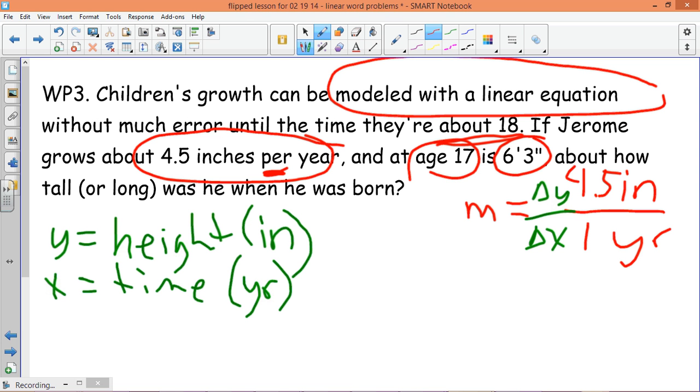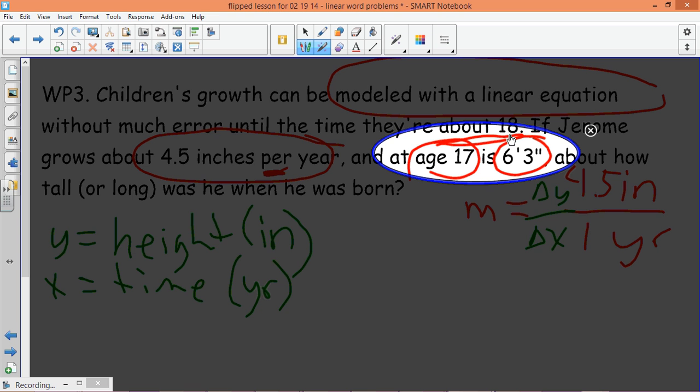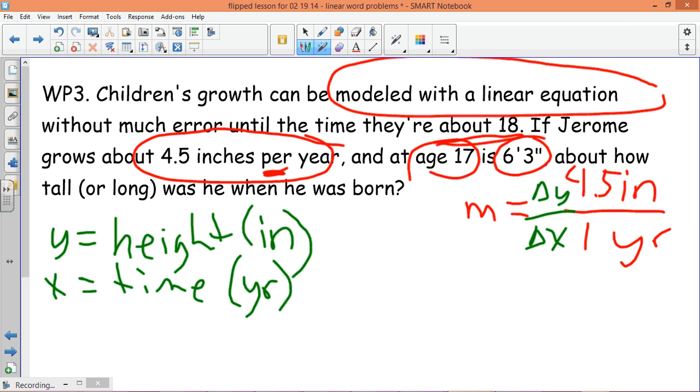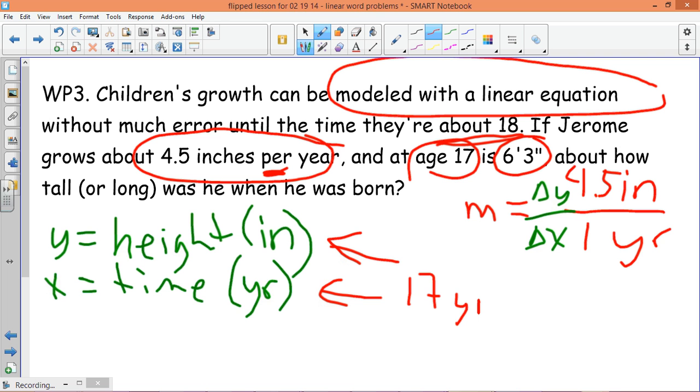All right, so the only other piece of information I'm given is right here, age 17, 6'3". But keep in mind, what are my units? Inches and years. Age 17 is 17 years after birth. My units are correct.